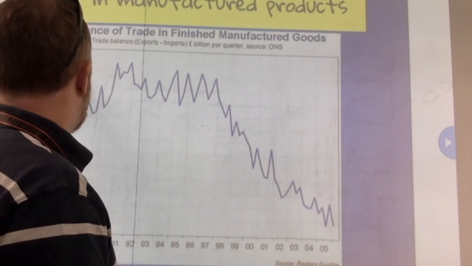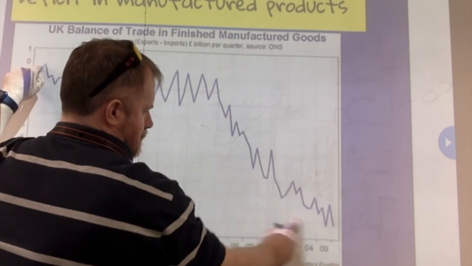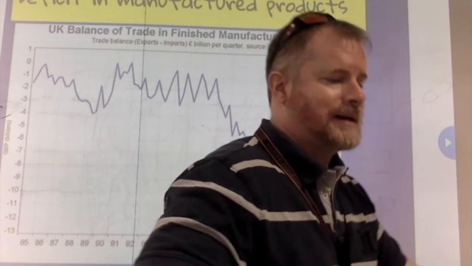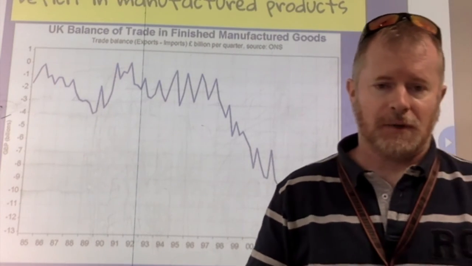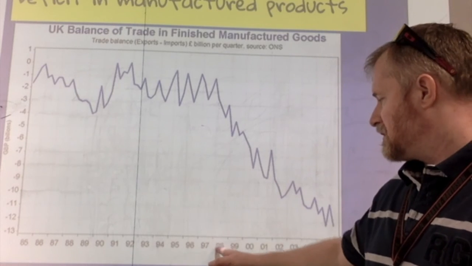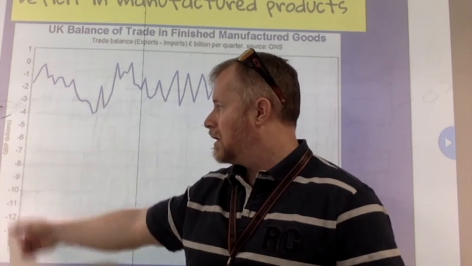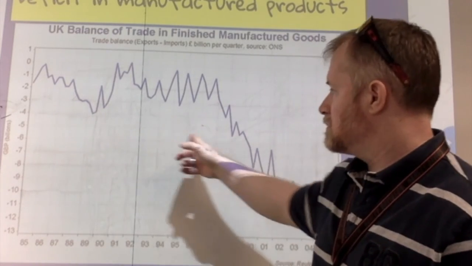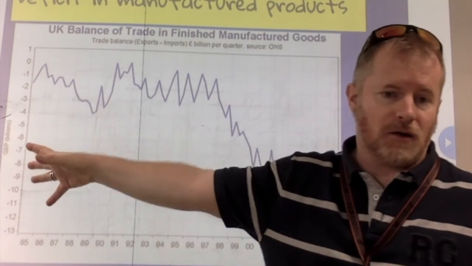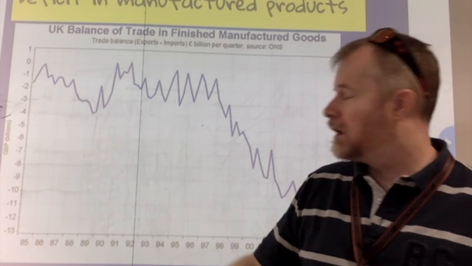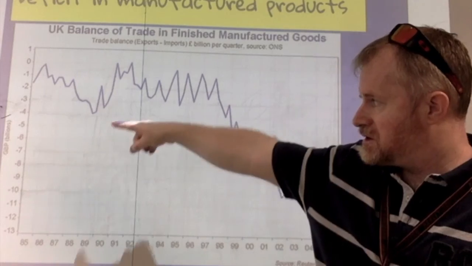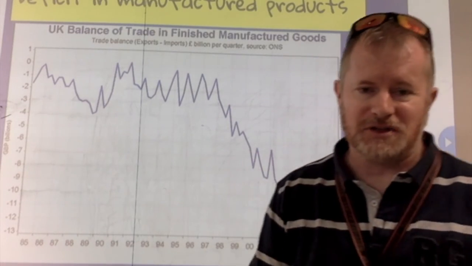What's the difference between this period of time and this period of time here? And discuss. Being able to identify specific time periods, because that's about billions of pounds, and talk about what the actual number is, talk about the change from here to here. Maybe do a percentage change as well, that's entirely possible.